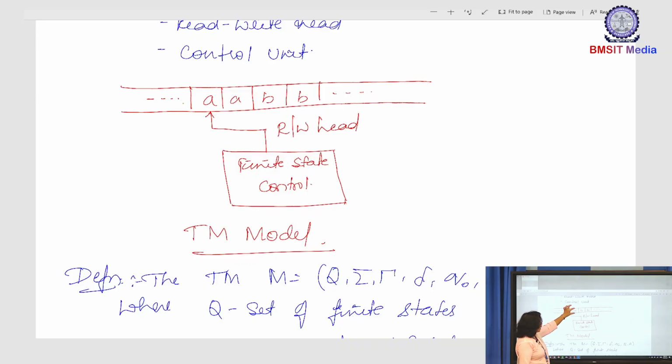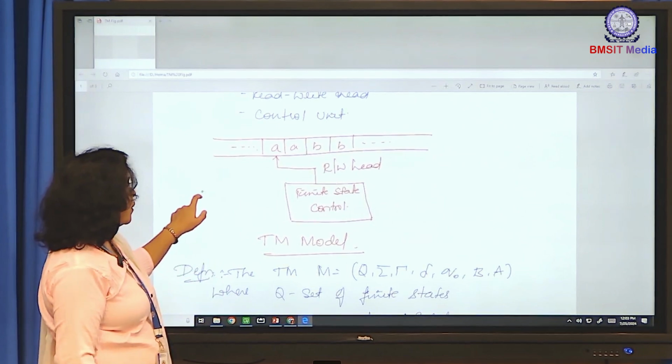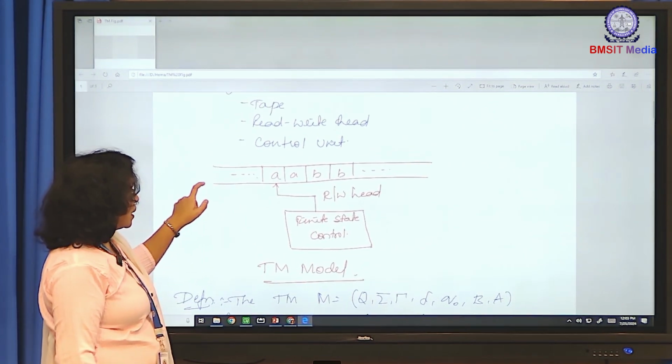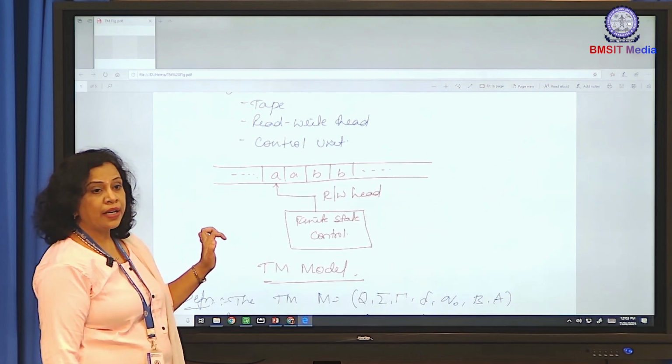This is the tape. On the tape, these are all the blank characters. This is some data which I have written, some AA, BB. And this is the read-write head and this is the finite state control. So there are three components: tape, read-write head and the finite state control.